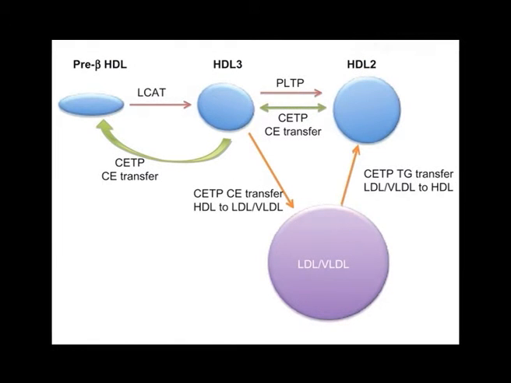HDL3, generated from discoidal HDL by the action of LCAT, accepts cholesterol from the tissues via the SRB1, and the cholesterol is then esterified by LCAT, increasing the size of the particles to form the less dense HDL2.